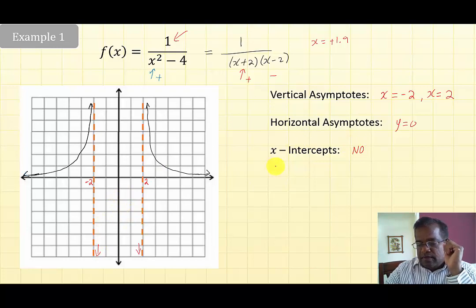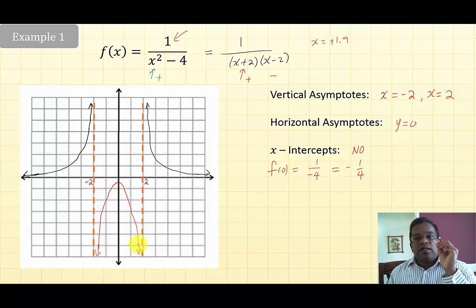But we can find f of 0, which is the y-intercept. f of 0 for this function is 1 over -4, x equals 0. So this is -1/4. So clearly the graph goes all the way up and turns right here.